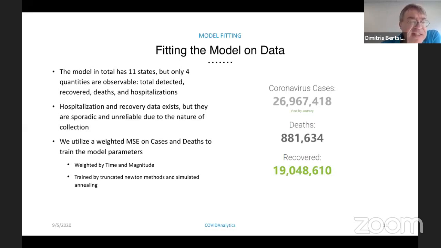But the key here is that some data exists, for example, total detections, recovered patients, deaths, and hospitalizations. From that, we infer parameters that we adapt to the location we try to predict. And the way we do it is that we solve a problem over the parameters such that we have the best possible fit.